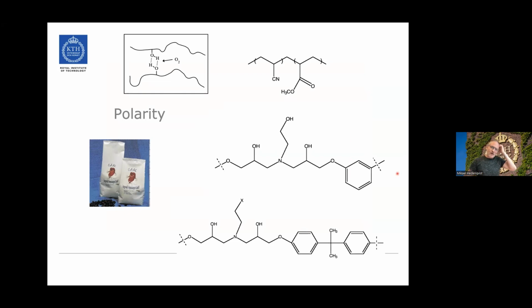And what you see here are molecules that belong to those that are the most tight amorphous materials. You have a combination of hydroxyl groups and also rigid groups. So these polymers I show here have very low oxygen permeability.